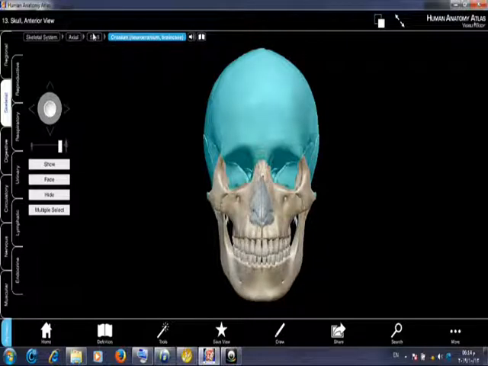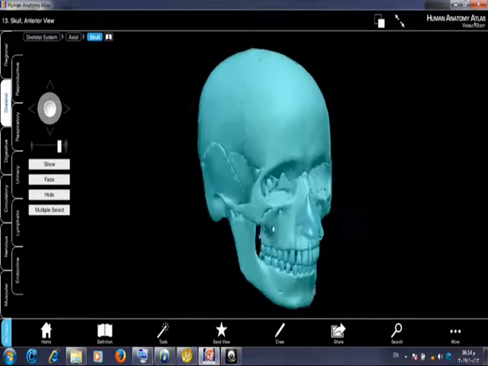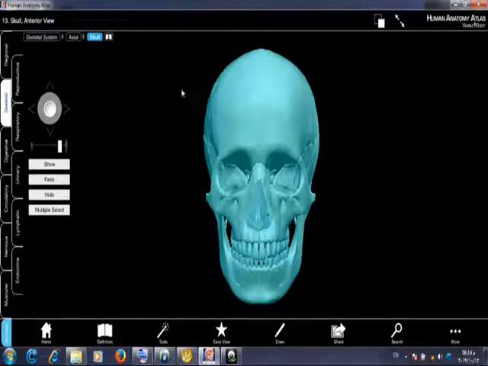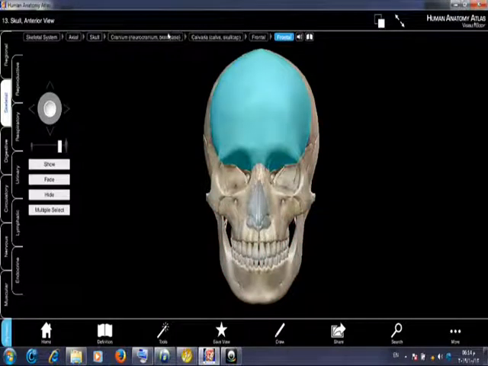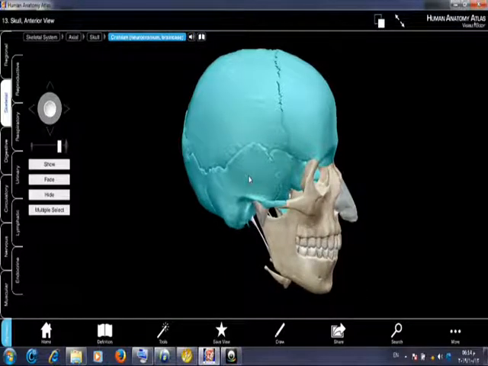But all the bones that are found and protect the brain and also protect the face itself are called the skull. So all this is called skull, but all this is called cranium. So if you want to know the difference between cranium and skull.